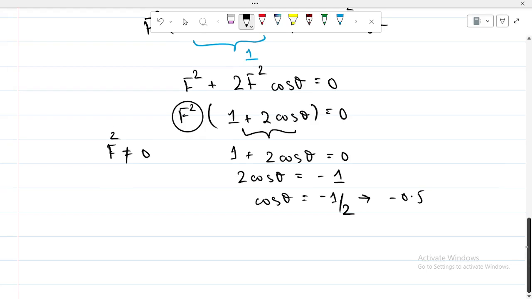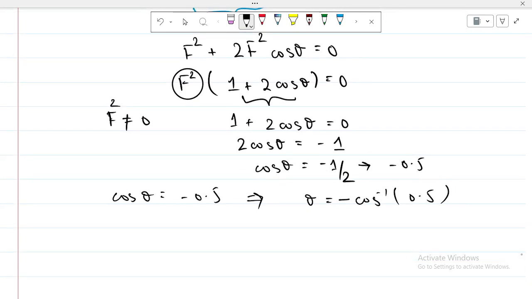Now we already know how to solve this. We say cos theta equals negative 0.5, and this implies that theta equals cos inverse of negative 0.5. Whenever we say cos inverse 0.5, what we mean is what angle would give cos as 0.5. We already know that it is going to be 60.